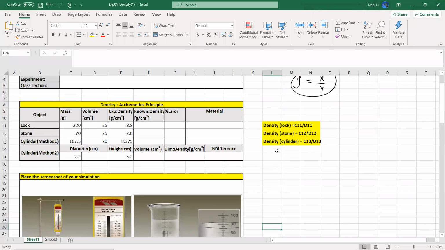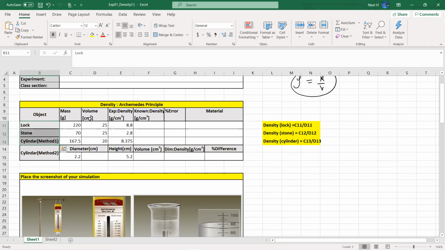Okay, any other question? All right, since we already know the density values, one of the advantages of density is that it is the same for the same material. We can identify which material these objects are made of.